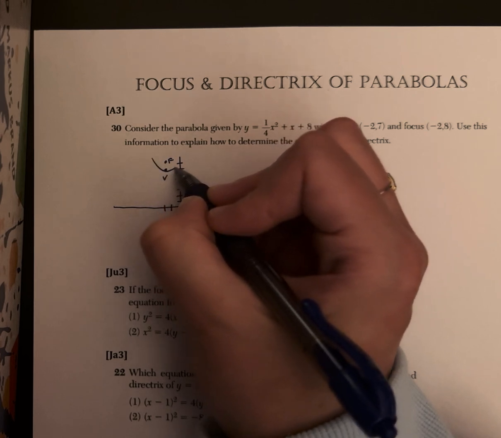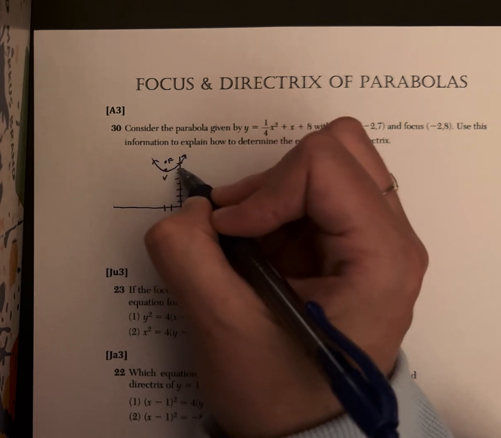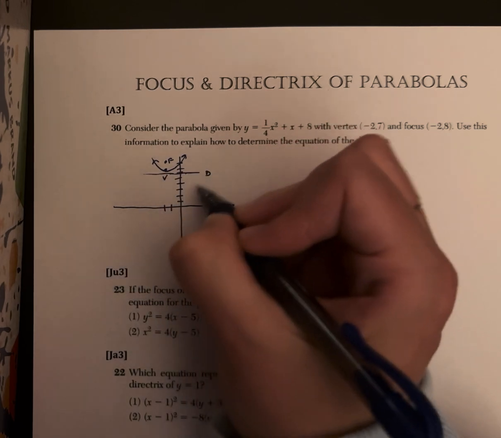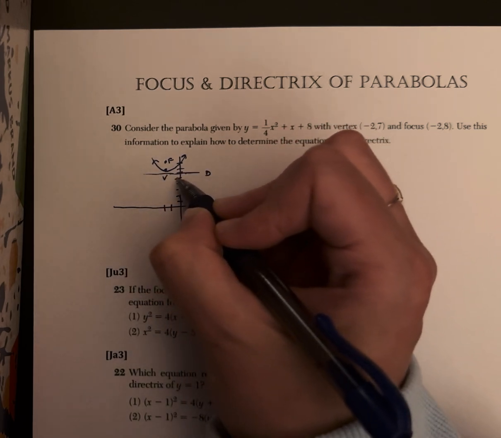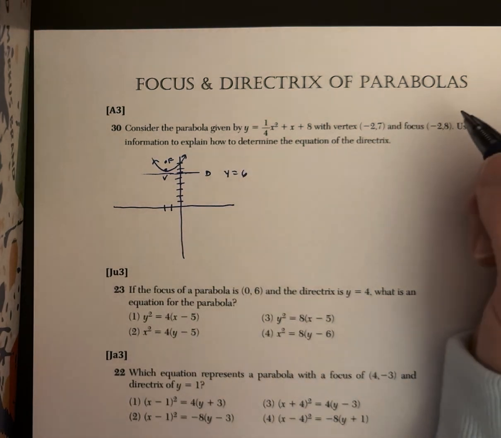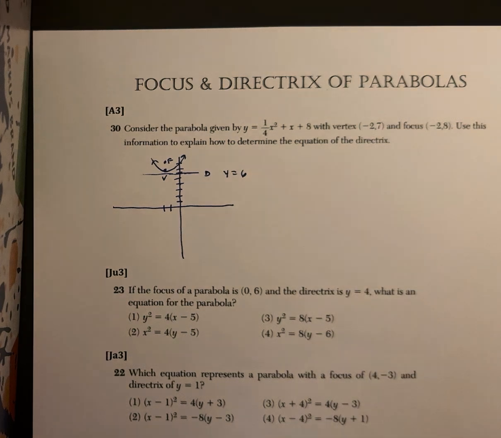So it's going to open up. So there's only one unit in between. So the directrix has to be down 1, 2, 3, 4, 5, 6. Y equals 6. All right, we didn't even really need this equation.